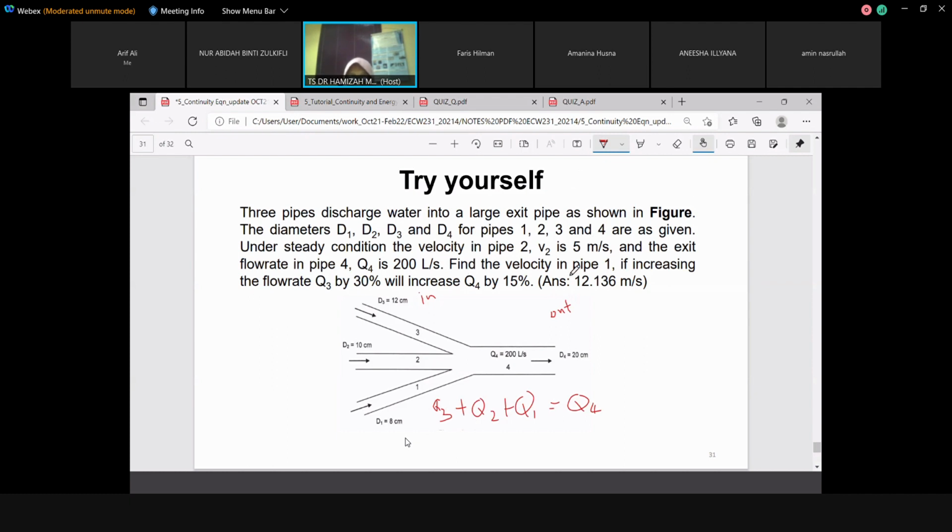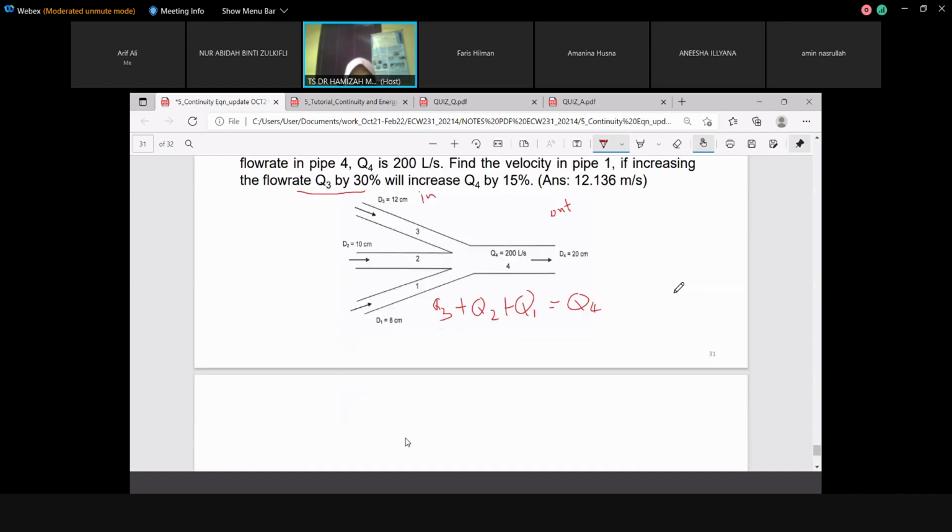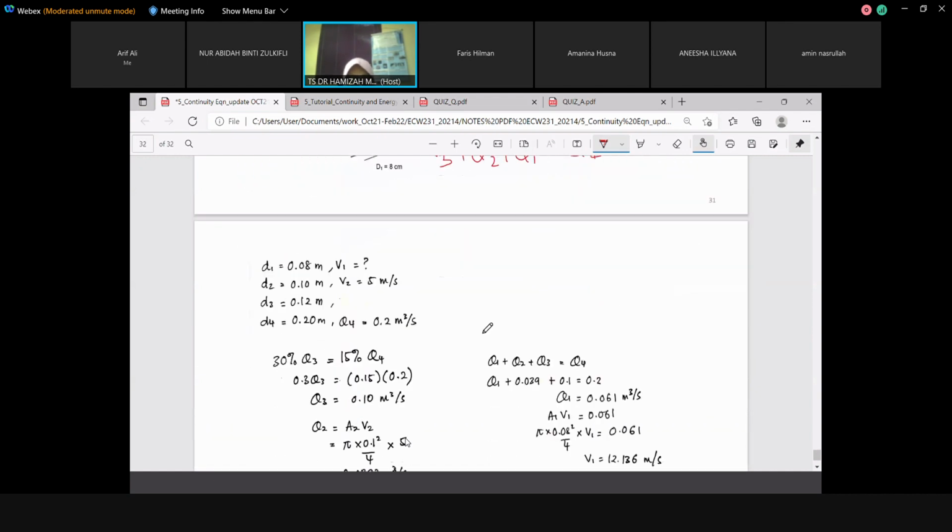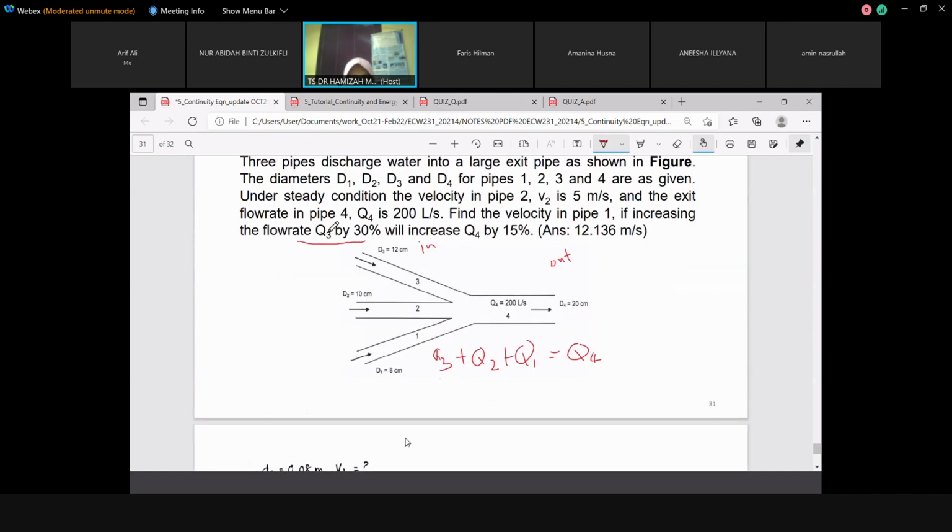Okay, and then this question dia ada bagi different condition. Dia cakap bila flow rate, bila Q3 increase 30%, Q4 akan increase 15%. Okay, so this one you need to consider in the solving problems. So here 30% Q3, sebab Q3 akan meningkat 30% kan.